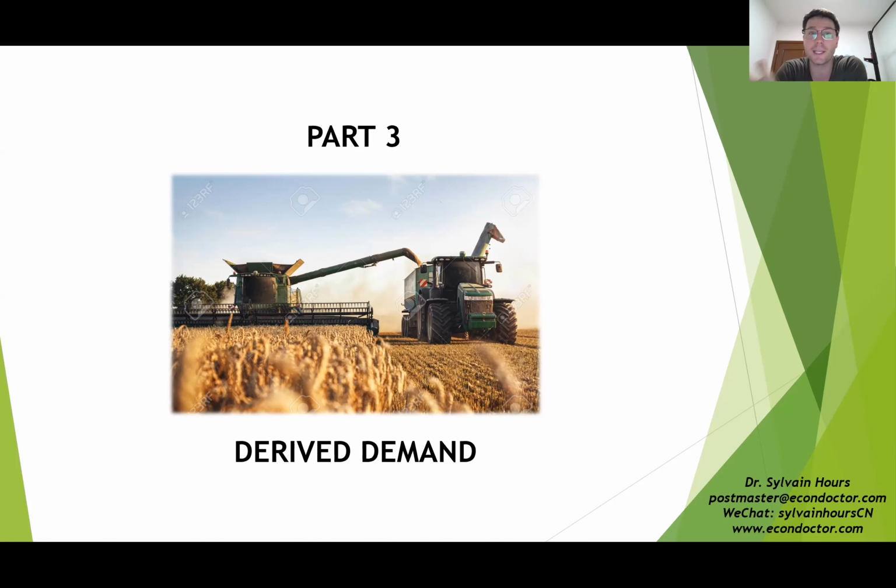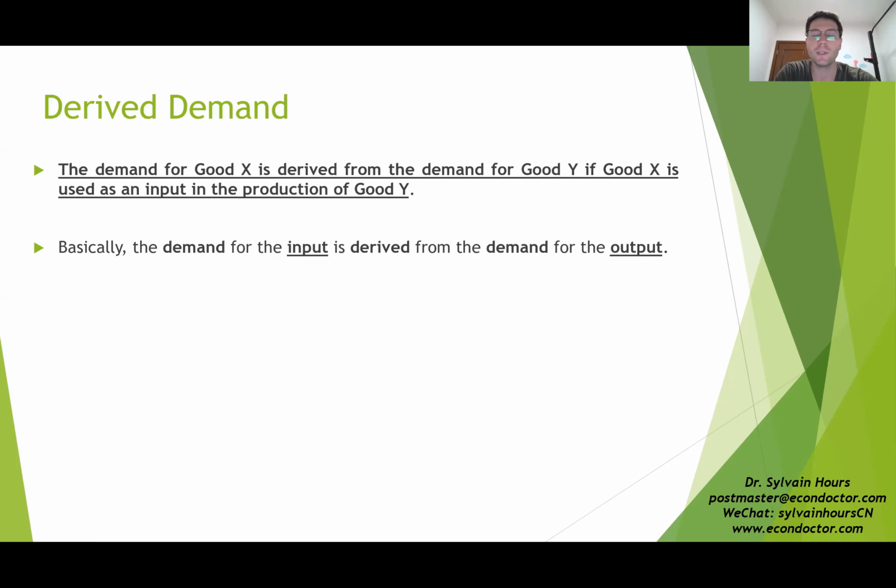And that's really the relationship that we are interested in. Okay, so we say that the demand for good X is derived from the demand for good Y if good X is used as an input in the production of good Y. It is as simple as that. So generally speaking, the demand for the input is derived from the demand for the output.